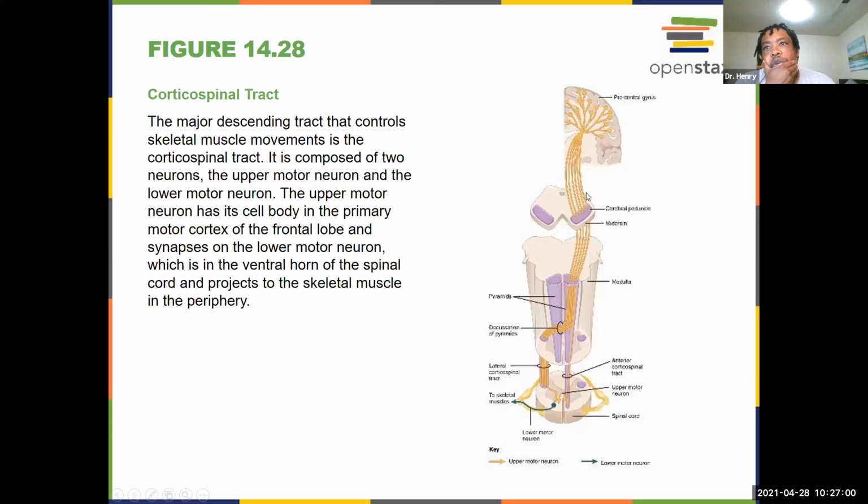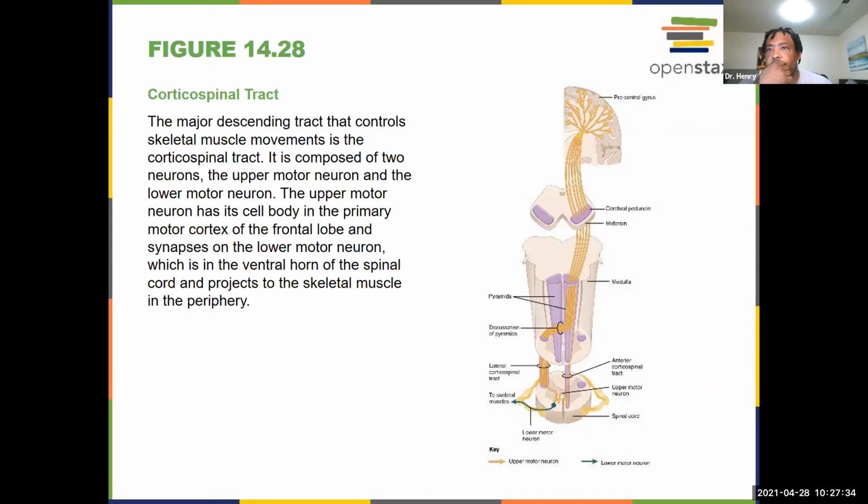The upper motor neurons have their cell bodies in the primary motor cortex of the frontal lobe.